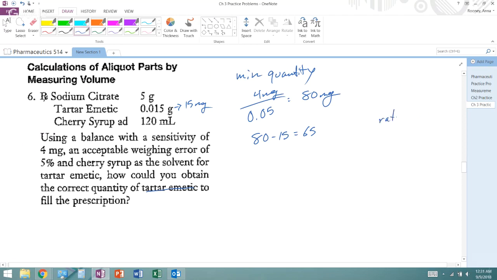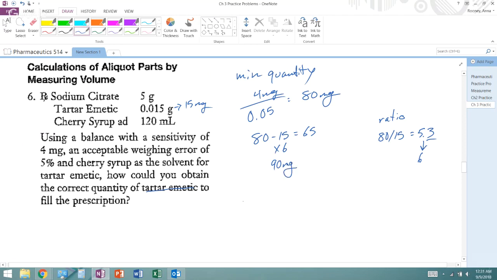So the ratio is 80 divided by 15, which is 5.3. Because we don't want that, we're going to make it a 6. So 15 times 6 is 90 milligrams.